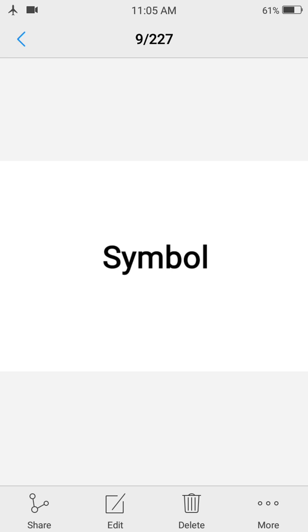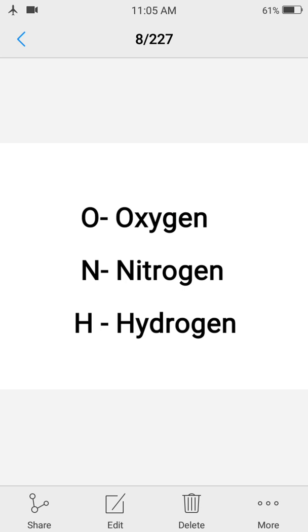Symbol. A symbol is a shorthand notation or representation of an element. It represents one atom of an element. Some elements are represented by the first letter of their English name, which is always written in capital letter.